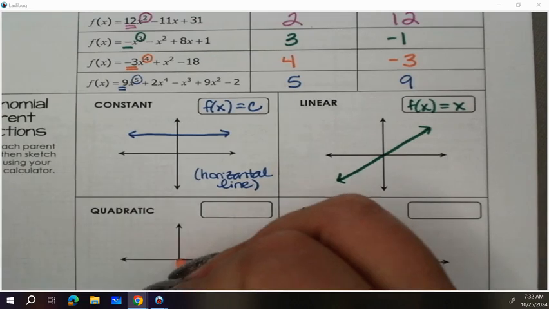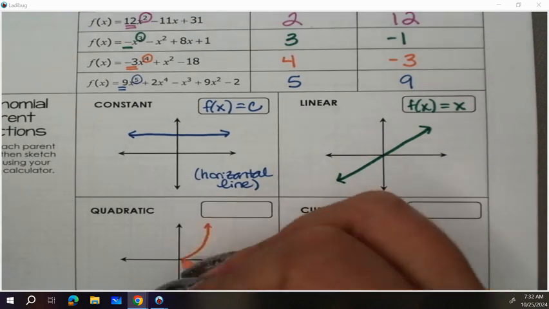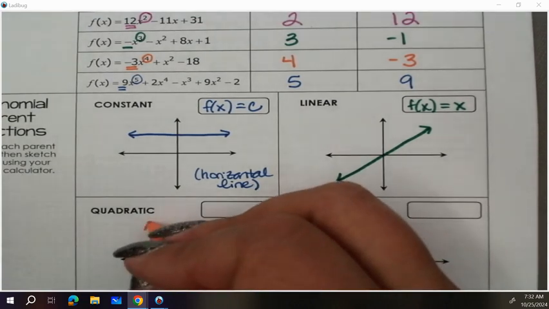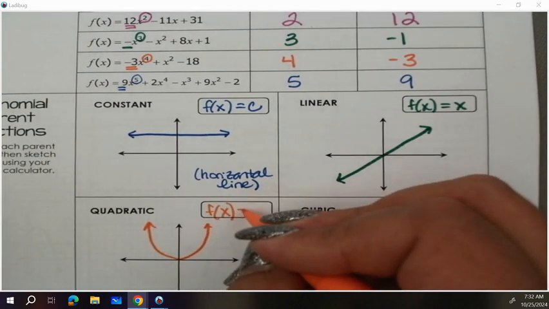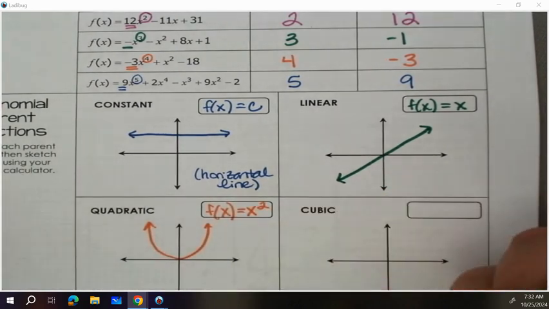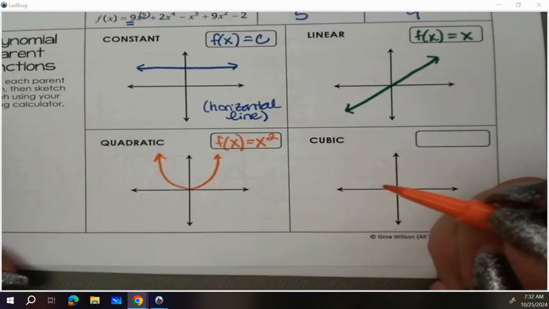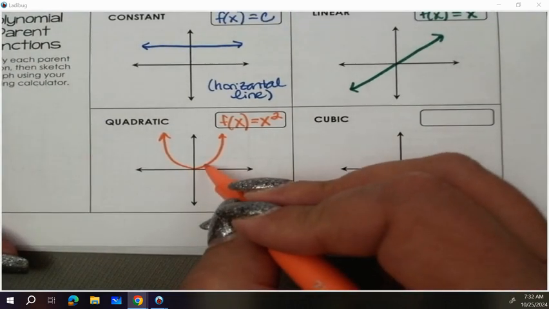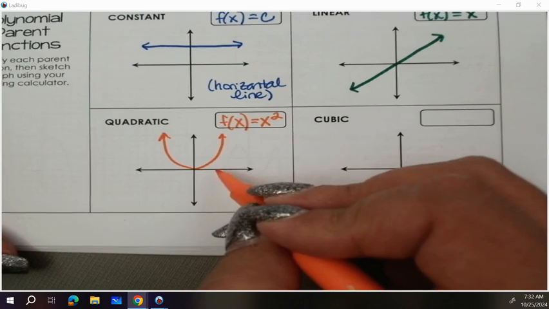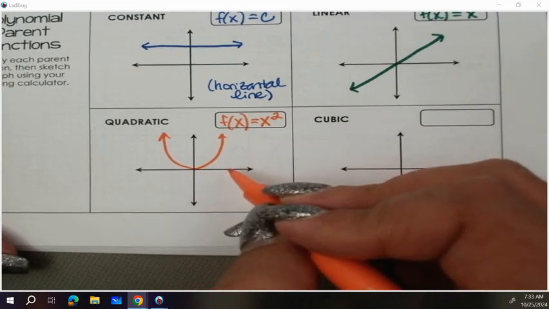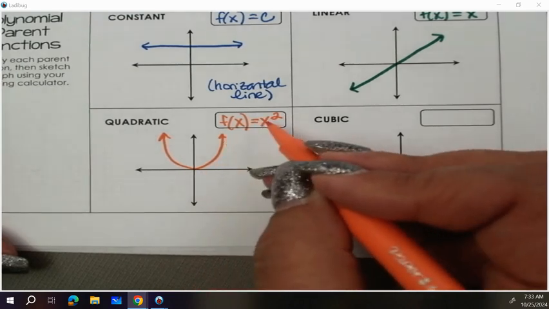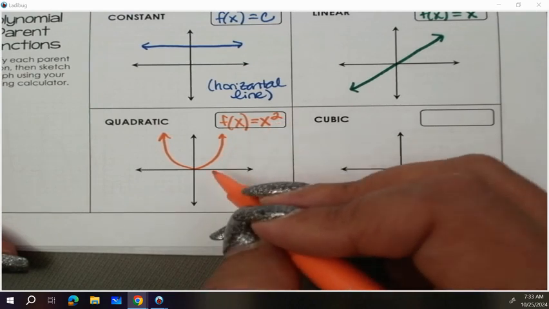Quadratic, we know what it looks like. It's our parabola, and this is what the parent function looks like. F of x equals x squared. We know that this is like over 1 up 1, over 2 up 4, over 3 up 9 because I'm squaring my x every time.